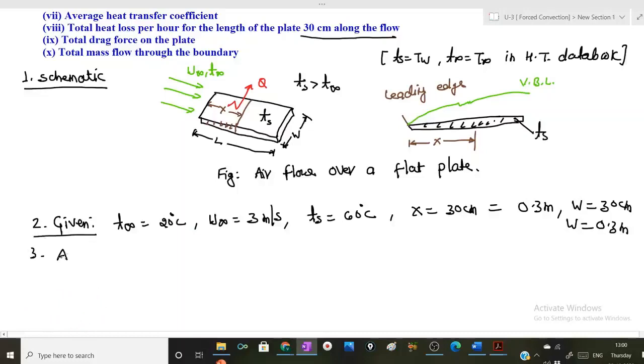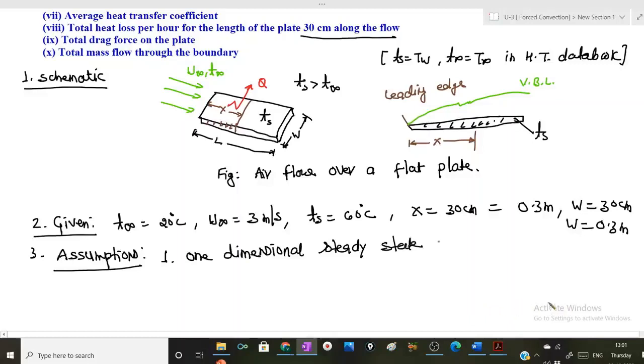Then step number 3. Step number 3 is state all the assumptions. So far, nowhere I have mentioned any assumptions related with the forced convection. So these will be the set of assumptions. Number 1, one-dimensional steady state heat transfer.